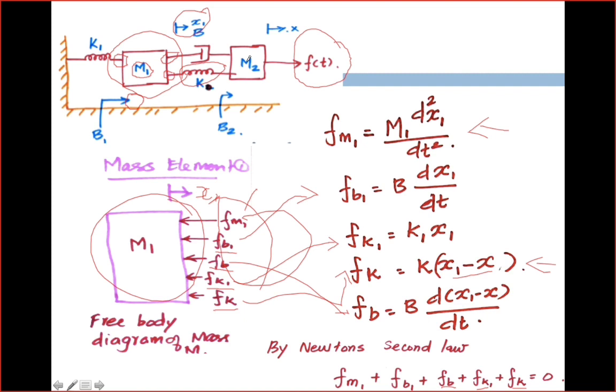So I have introduced mass element 1 and I told you that all are opposing forces, and we have written the differential equation for each and every element. I told you that F suffix k and F suffix b are very, very important to understand this concept. Any question?